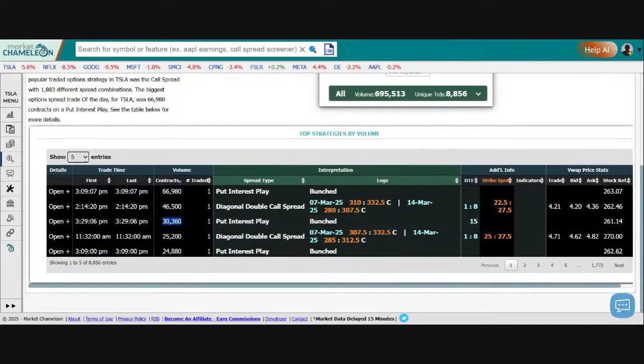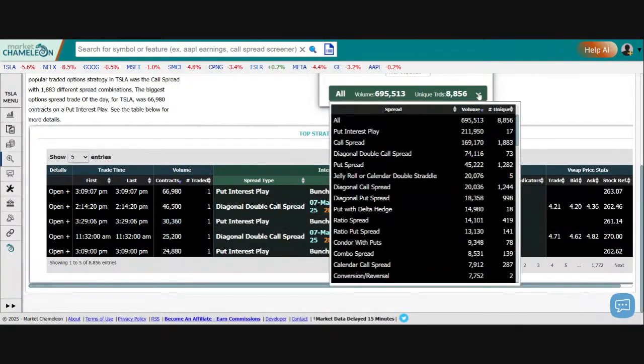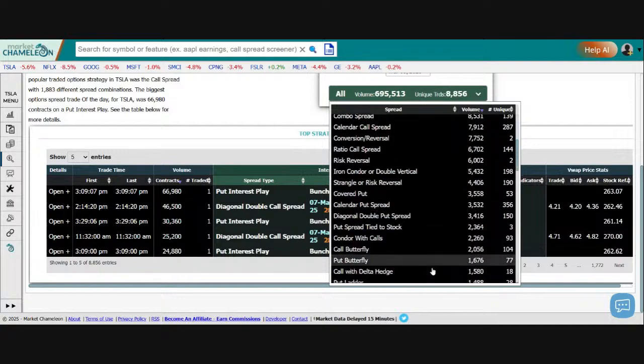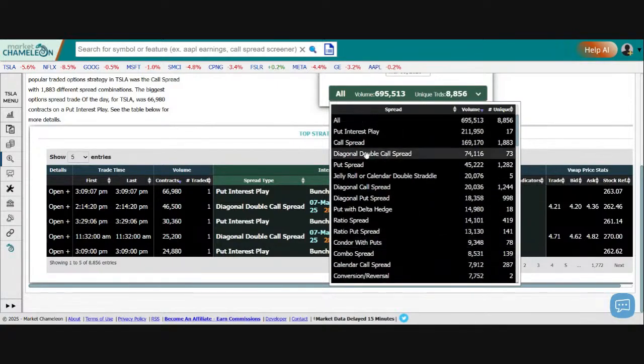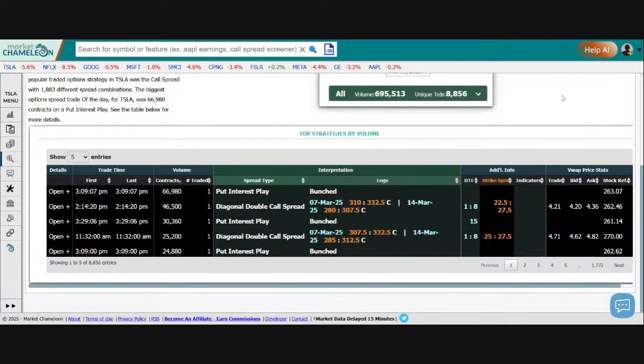But you could sort these or even use filters to narrow down the different spreads that we detected. And from here, we could start just kind of getting an idea how people were using the option spreads.